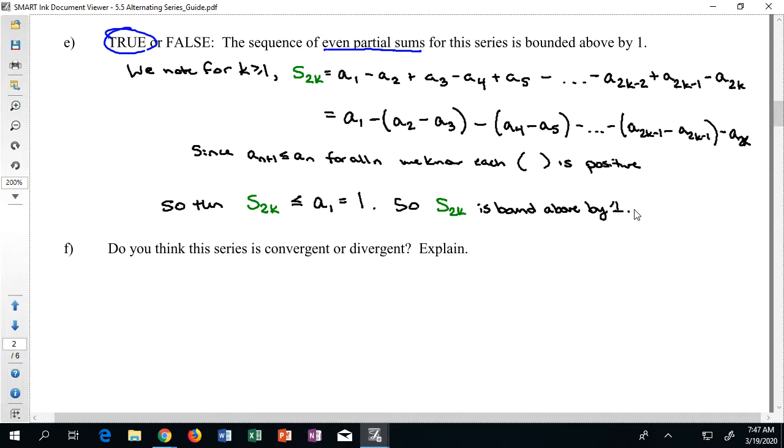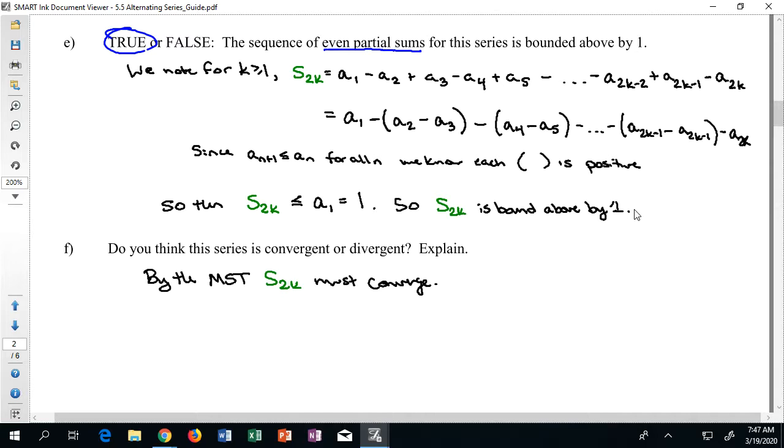Well, you might think to yourself, wait a minute, that sounds pretty familiar. That sounds like an idea that we've talked about before. And so we can actually say this. By the monotone sequence theorem, S sub 2k must converge.